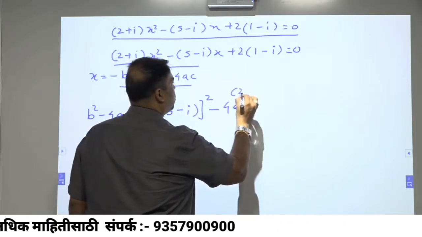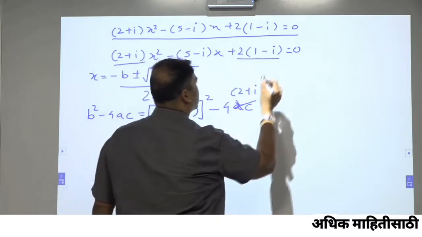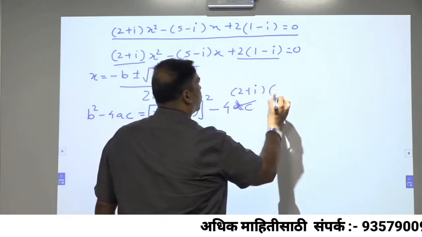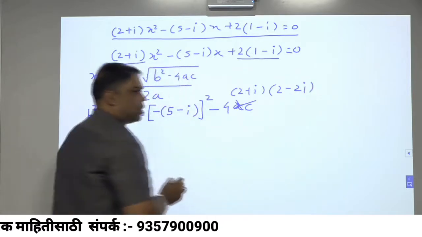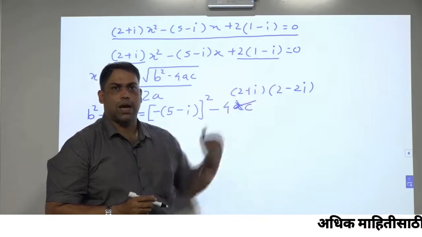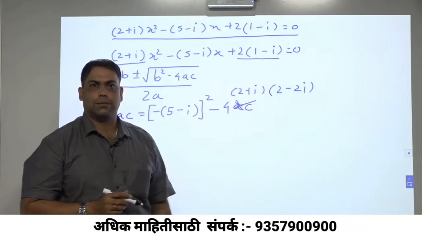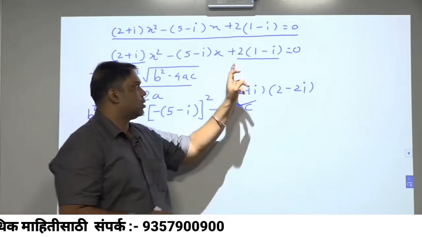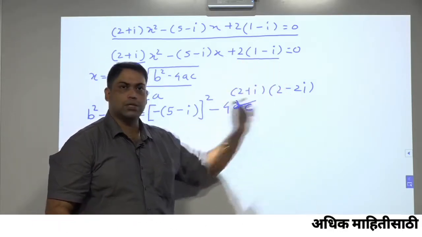I will write 2 plus i. Then I will write this c, so it will be 2 minus 2i. Are you getting my point? So instead of writing 2 into 1 minus i, I multiplied that 2 to each term of the bracket. Clear? What did I do? 2 into 1, that is 2. 2 into minus i, that is minus 2i.